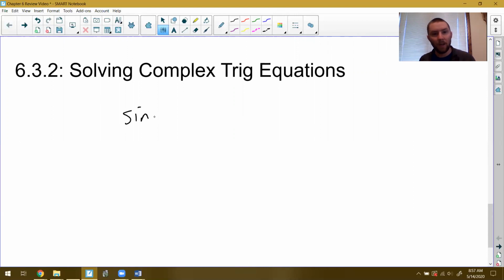We saw sine of x times the cosine of x is equal to, let's say, radical 3 over 4. So this equation can be simplified if the left-hand side were 2 times the sine times the cosine, because remember, 2 times sine times cosine is our double angle formula for sine.